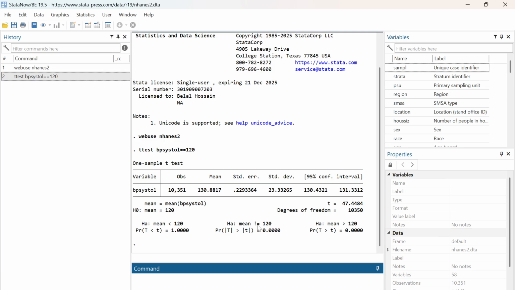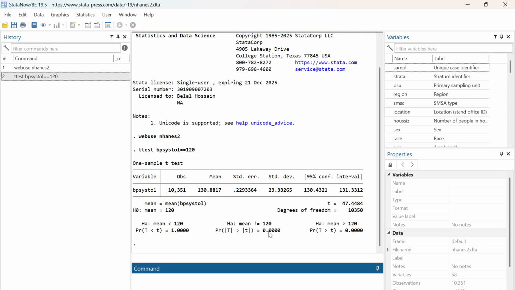But for our purpose, we want to know if the mean of the sample is significantly different from this number, which is 120. And the t-test confirms the p-value, which is 0.0000, which means this is less than 0.05. And anything less than 0.05, as I told you before, is statistically significant.